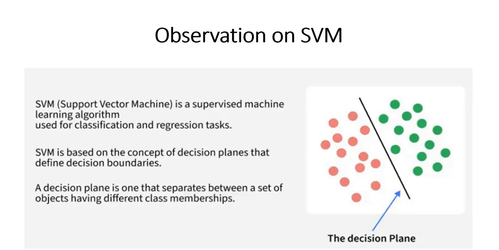Why is it called support vector machine? Now, you might ask, why is it called support vector machine? It's a good question. Not every data point is equally important. Only a few data points that are closest to the decision boundary decide where the boundary should be.